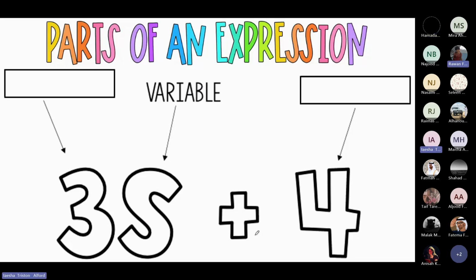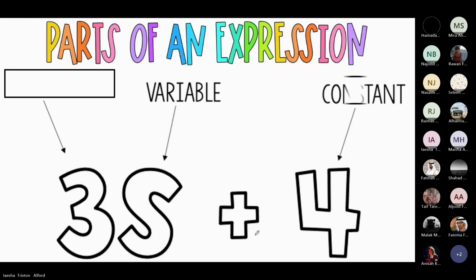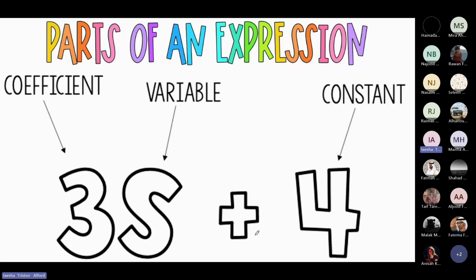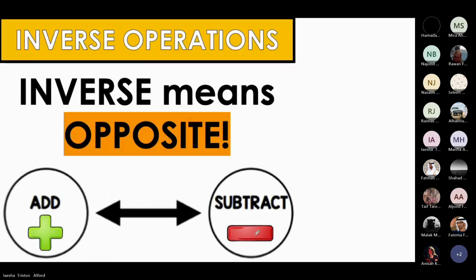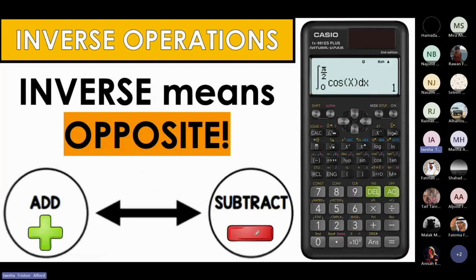Constant. And positive 3 has a name. Coefficient. So remember, to make the equation, you have to know what is the constant and what is the coefficient. Okay, we're going to start here from the easy ones.